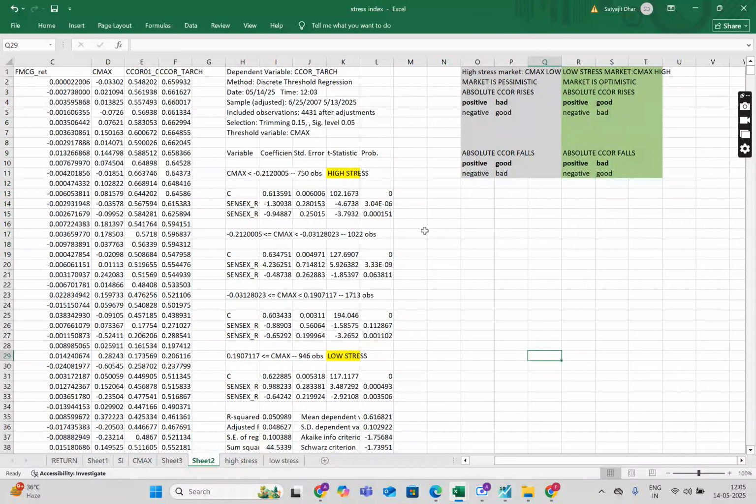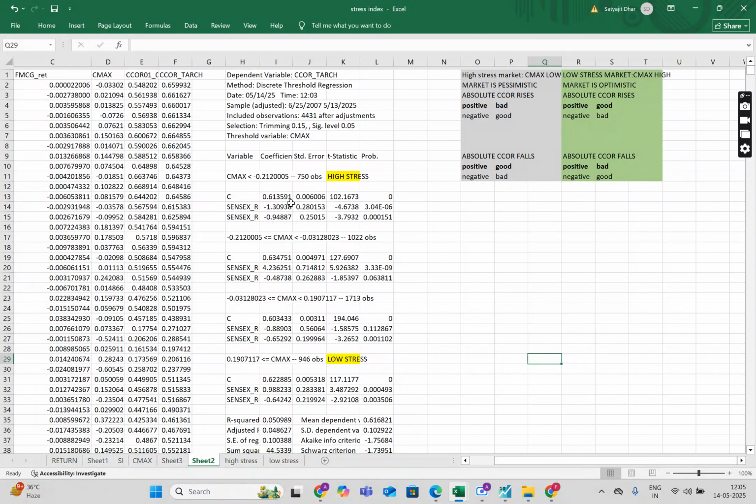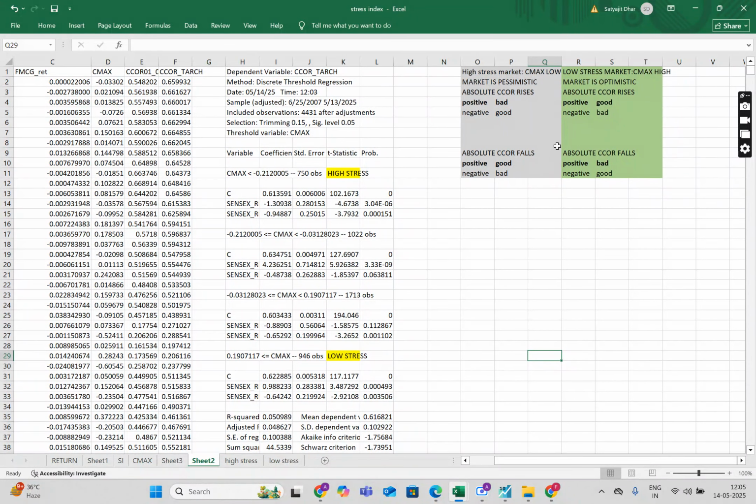As you can see, in periods of high stress, the coefficient, that is the beta coefficient, is negative. It means that in the periods of high stress, when the market is pessimistic, my positive conditional correlation is falling, right? So that is a good indicator.